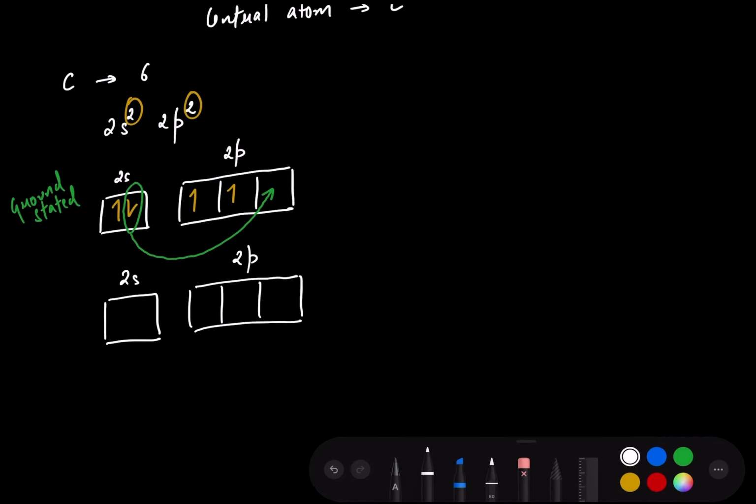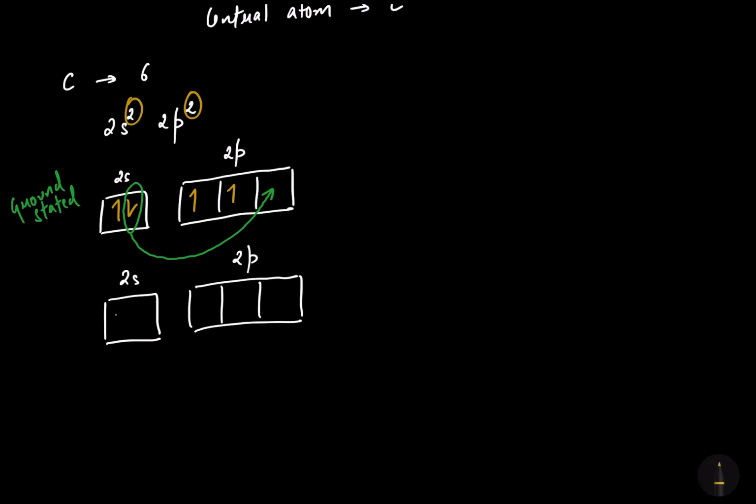Now all the orbitals are having one electron each, and now carbon is eligible to form 4 covalent bonds with the 4 hydrogen atoms, because I have already told you in the previous lecture also, when the 2 atomic orbitals of different elements overlap with each other, then both of the orbitals must have 1 electron each for the formation of the covalent bond.